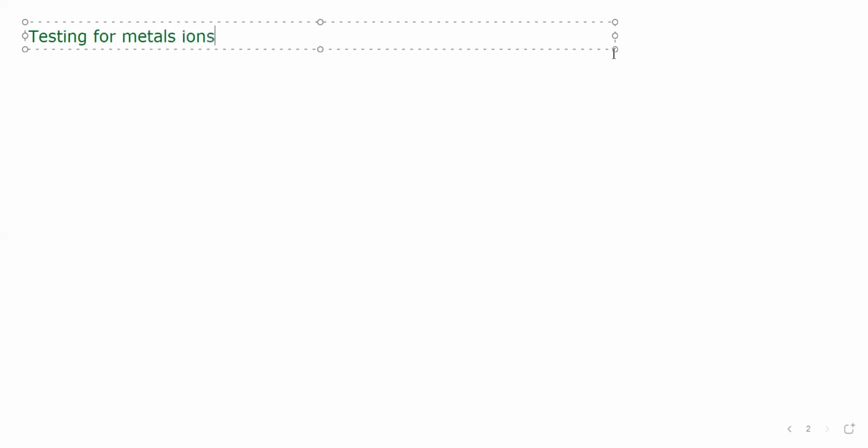Here we will be talking about testing for cations, but not the ammonium ion for now. For now, we are going to test for metal ions only. Which metal ions am I going to talk about? Copper, which is copper 2 plus.